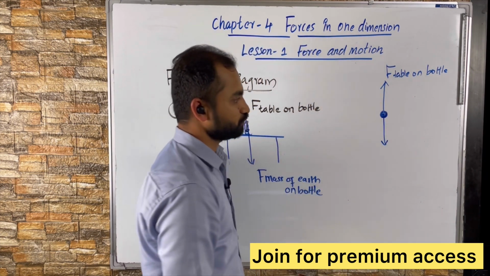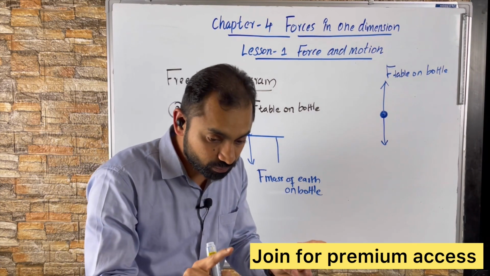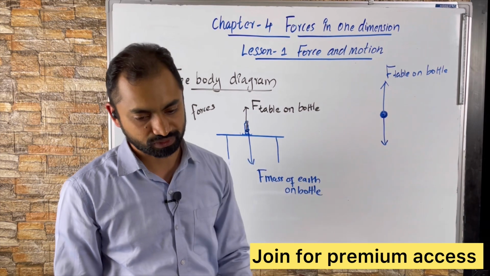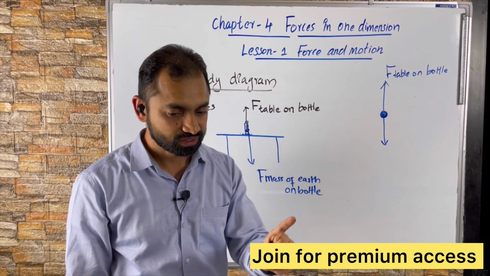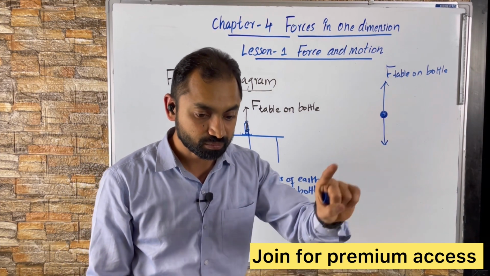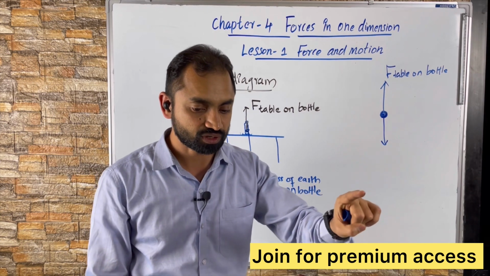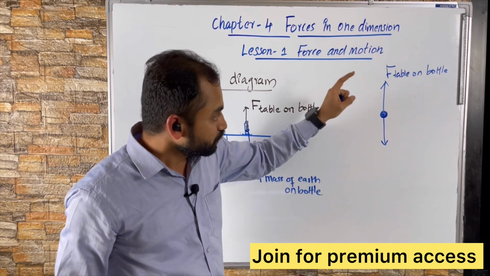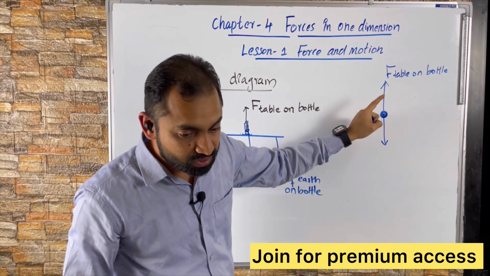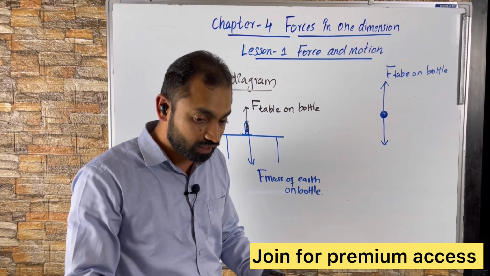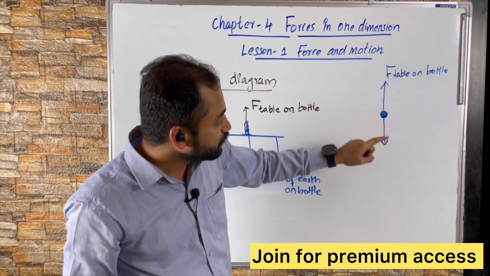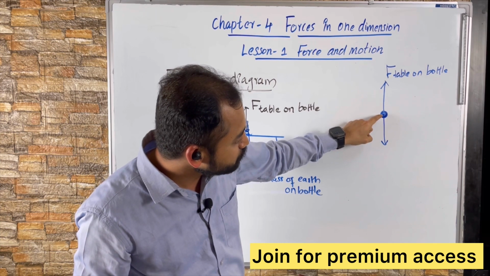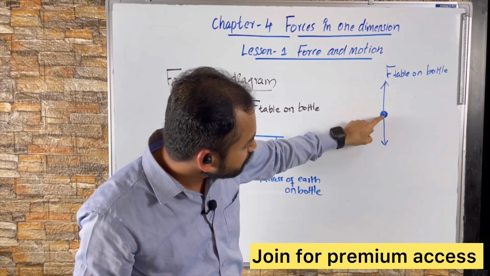In a free body diagram, we represent the forces by drawing arrows. That is the second point. First point, represent the system, the object, by a dot. Second point, the forces are represented by drawing arrows, and arrows are always drawn away from the system. You can see arrows are drawn away from the system.